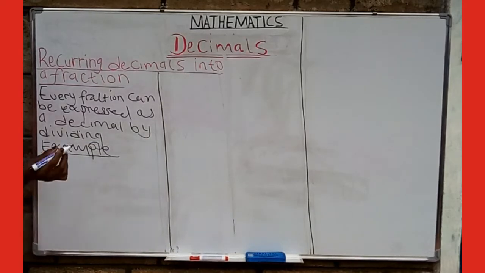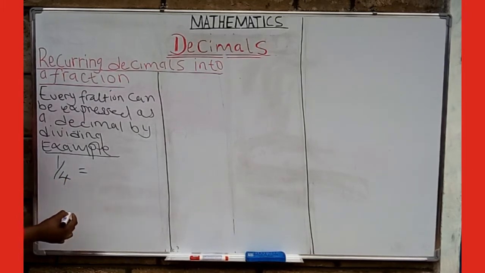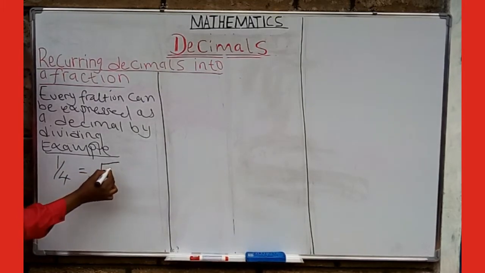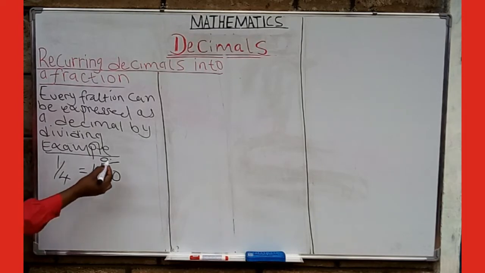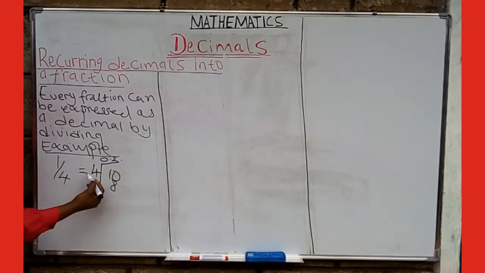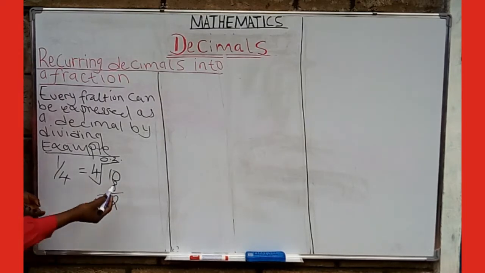Example, maybe express a quarter as a decimal. What do we get? We divide the numerator by the denominator. So we have to put 0 there and a decimal. How many times will 4 go into 8? That is 2 times. 2 times 4 is 8, and 10 minus 8 is 2.